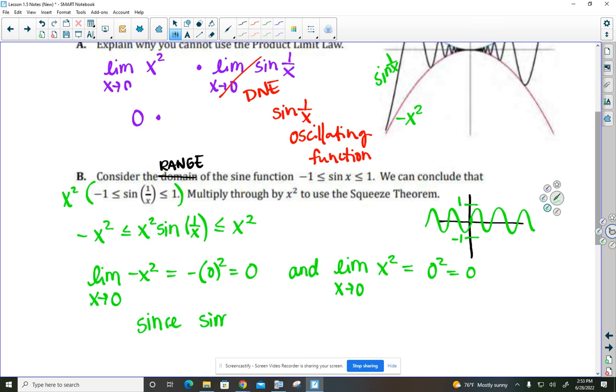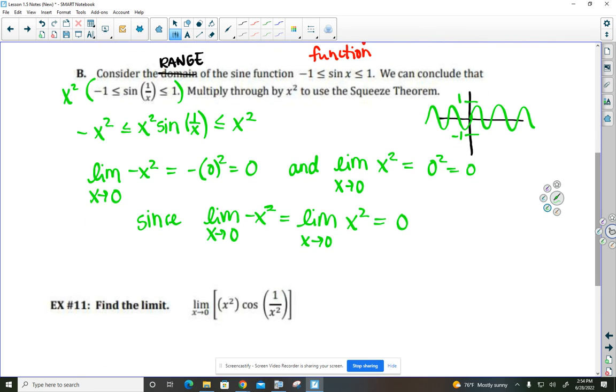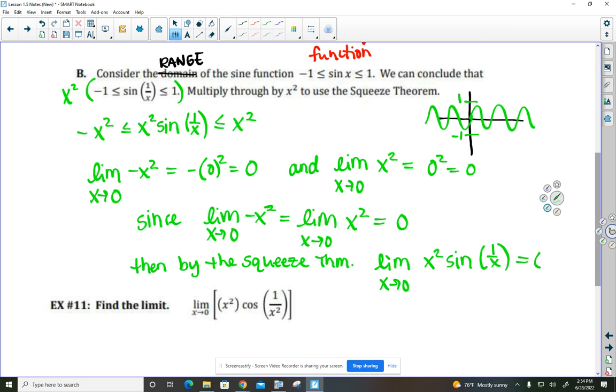So since the limit as x approaches 0 of both of these functions, negative x squared and positive x squared, are equivalent, and they equal 0, then we know by the squeeze theorem that the limit of that function that was squeezed between them, x squared times the sine of 1 over x, as x approaches 0, must also be 0. So there's the end of section 1.5. Thanks for watching.